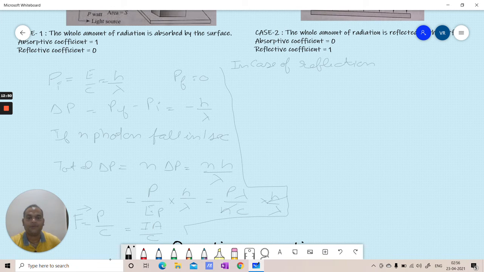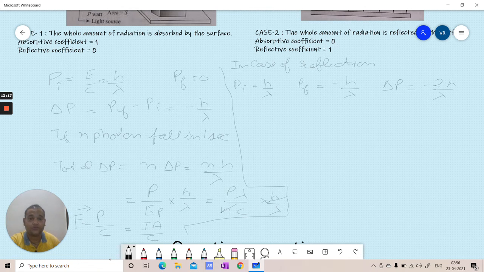Pi will be equal to h by lambda. Pf will be equal to minus h by lambda, because it will just strike it and go back in the opposite direction. So delta P is minus 2h by lambda. Delta P becomes what? Minus 2h by lambda.